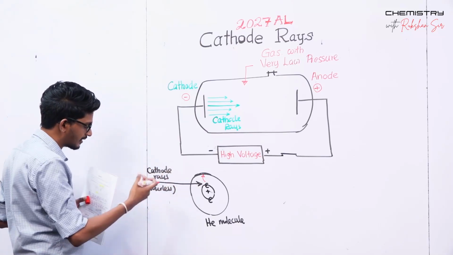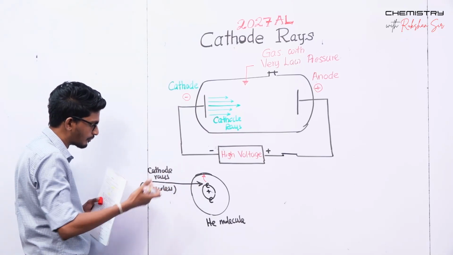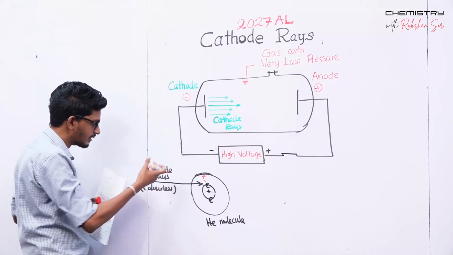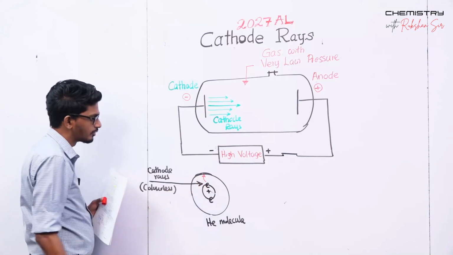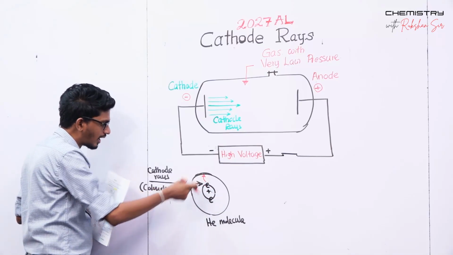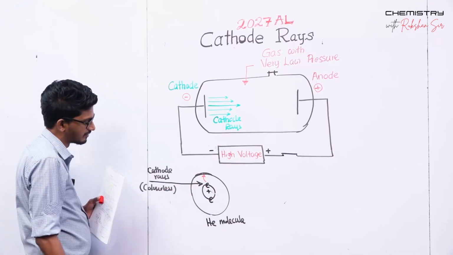The cathode rays are moving, so kinetic energy is there. When they come, that kinetic energy is transferred to these electrons, so that the electrons move upwards to a higher energy level.